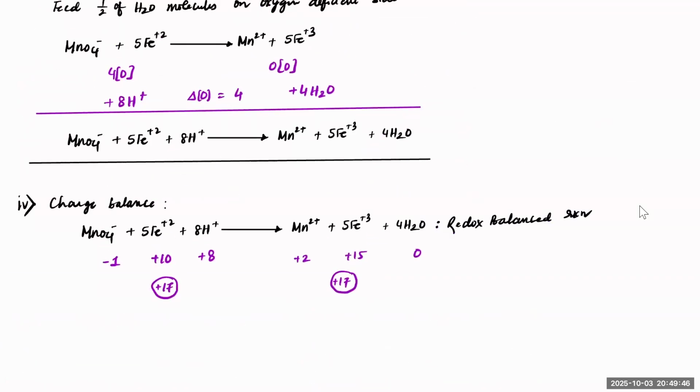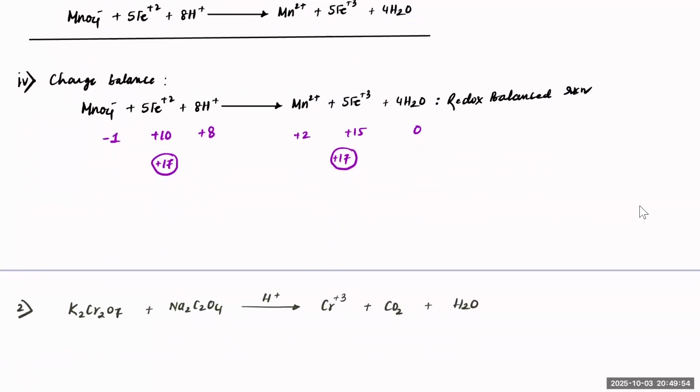You are generally not asked about the spectators or to balance the spectators. But by chance, let's say the information is given. Now bring back the spectators which were earlier given in the equation. So it was KMnO4 plus 5 moles of FeSO4 plus. Now obviously on the product side, if you have sulfate, that means this acid must also be sulfuric acid.